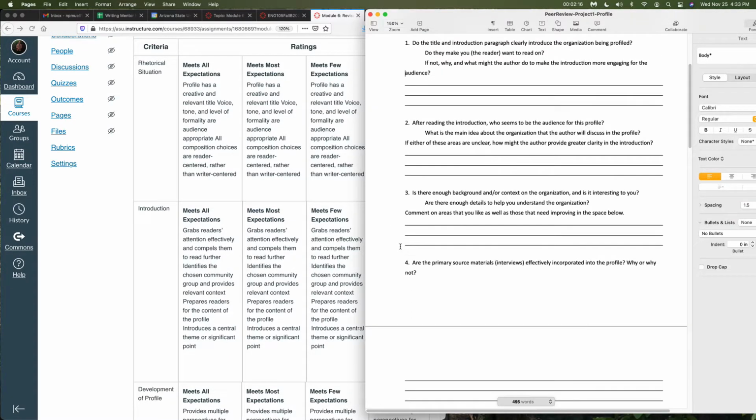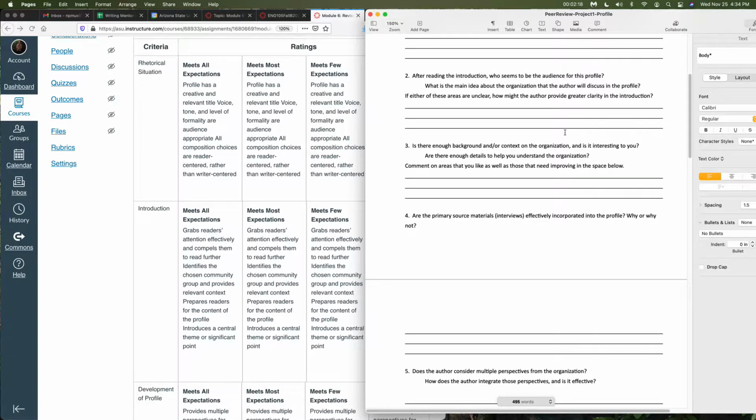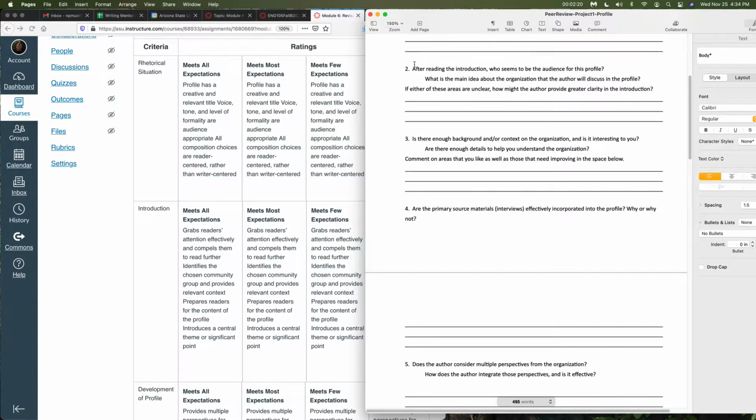Two, after reading the introduction, who seems to be the audience for this profile? There's a helpful audience identification tool if you're having trouble with this one in Module 3. It's, I think, the audience awareness or audience analysis tool. So check that out. What is the main idea about the organization that the author will discuss in the profile?